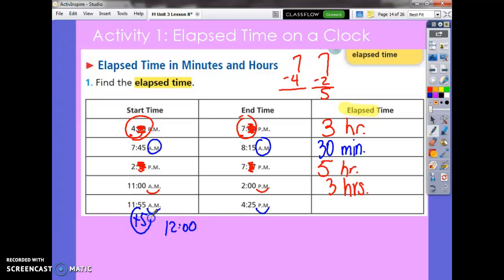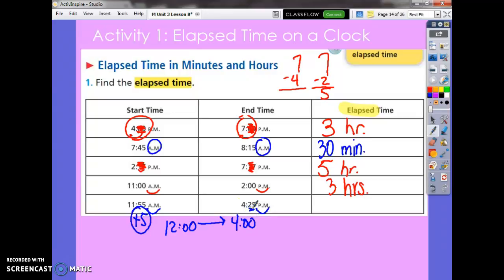Okay, so I'm going to circle this plus 5 because I know I added those 5 minutes. Now, going 12 to 4, it leaves out this 25 minutes, but I can add that later.